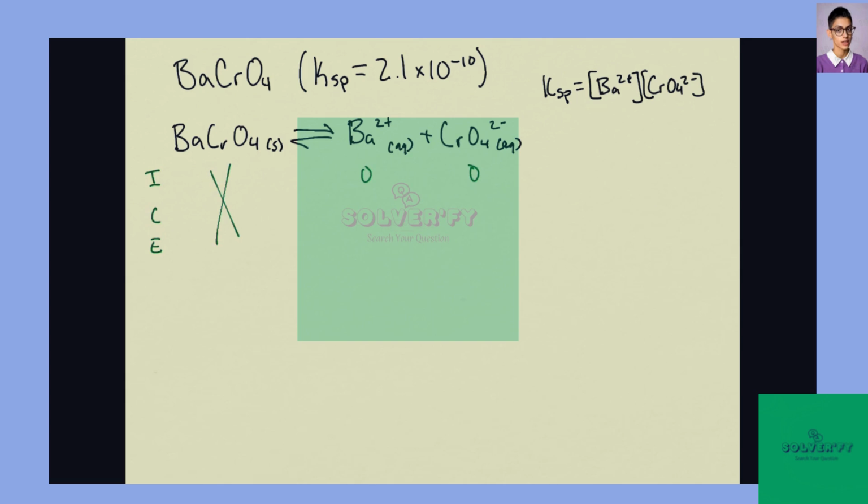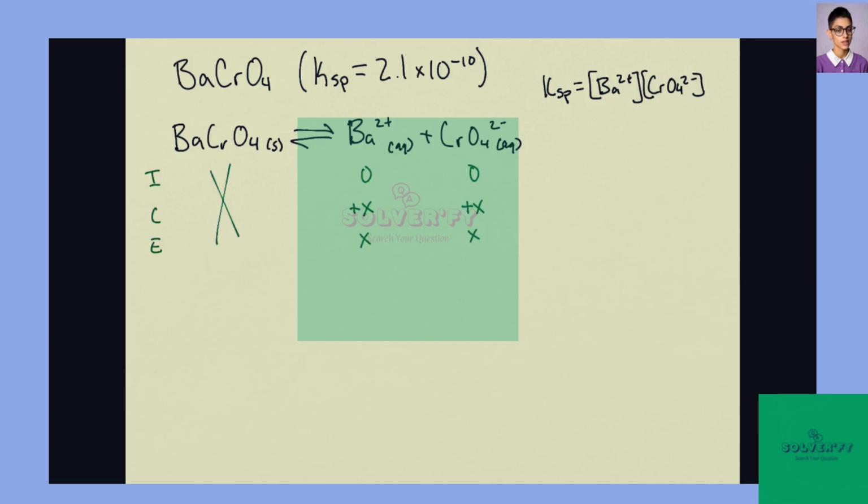Then for our change, we have some unknown amount dissociating into Ba2+ and CrO4 2-, and we can just call that x. So plus x for each of these, since there's a 1-to-1 ratio between them, and also between BaCrO4 and each of them. Then our equilibrium is just x for each, since it's the initial plus the change.